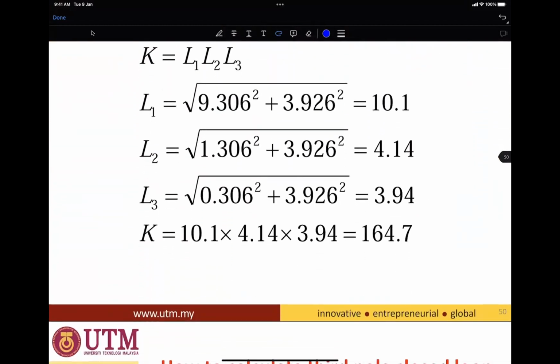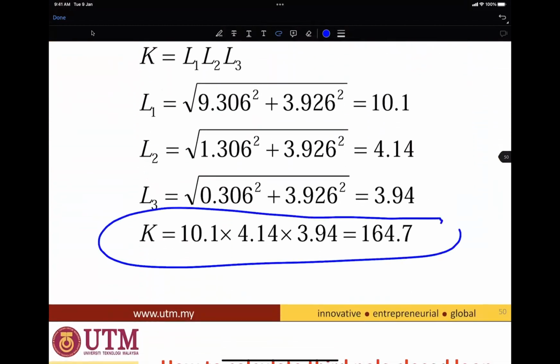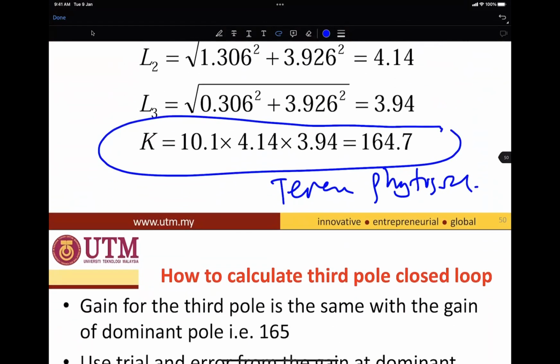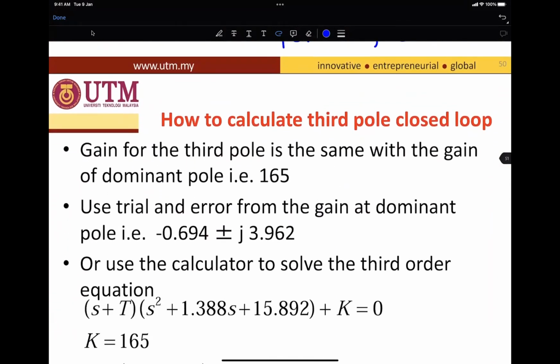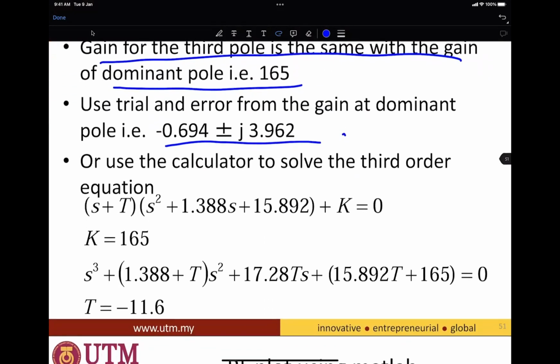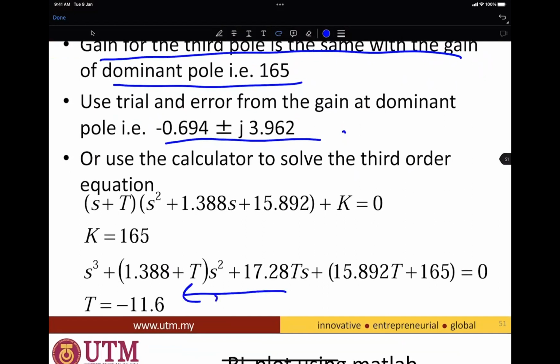This is how you get the gain K by using the Pythagoras theorem. So the third pole is calculated already with the gain of 164.6, and the dominant pole is here. That's how I get minus 11.6.